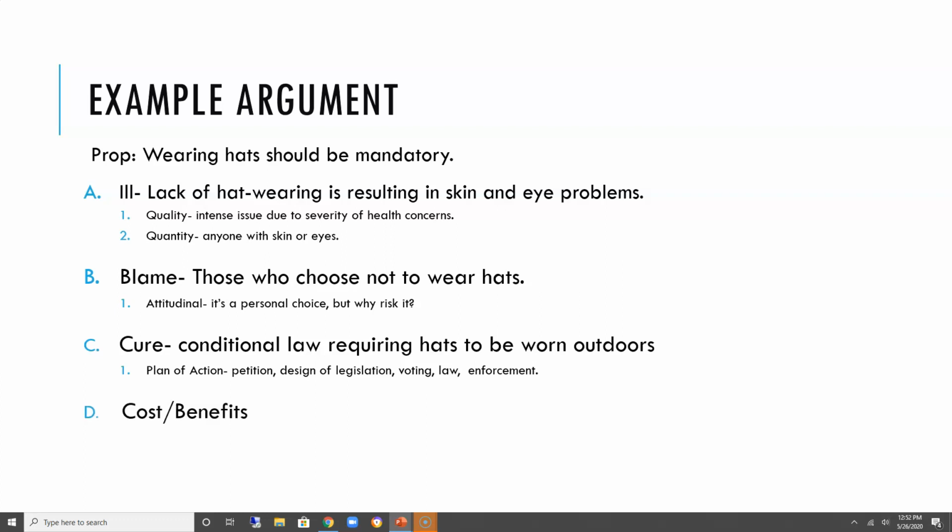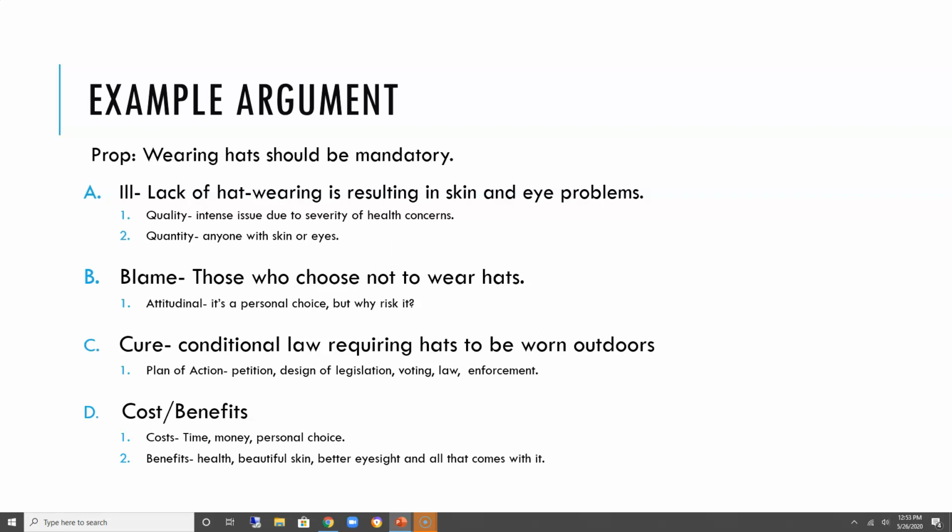For the costs and benefits, a couple of things worth knowing here is that, of course, any type of lawmaking is going to take time, it's going to take money, and we might be removing some level of personal choice about how you choose to cover your skin and eyes. But the benefits of this particular argument would be that you're going to have health, better skin, better eyesight, and all that comes with it.